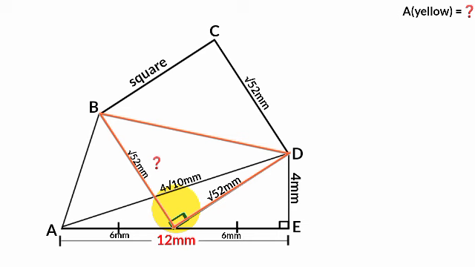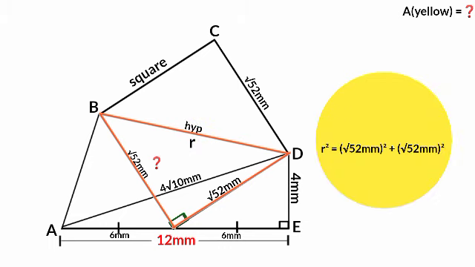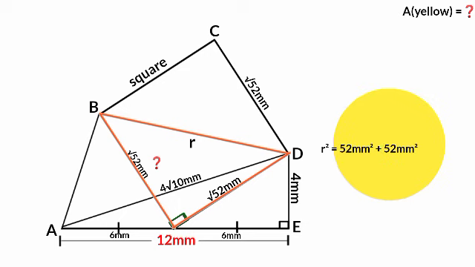So if you use the Pythagoras theorem on it, since this is the hypotenuse, let's assume its length to be r. It will be r squared equals root 52 millimeters all squared plus root 52 millimeters all squared. Root 52 millimeters all squared is 52 millimeters squared. 52 plus 52 is 104 millimeters squared. So r squared equals 104 millimeters squared.